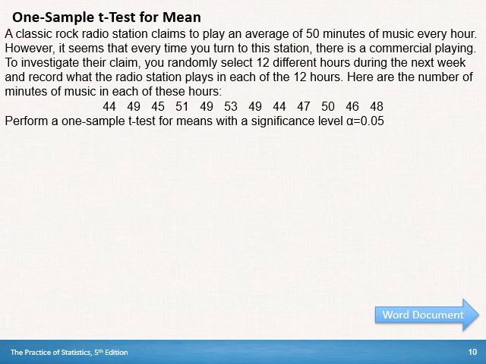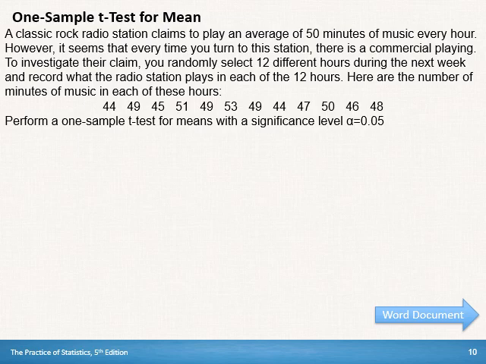All right, let's do another example. I believe you have this problem on a full sheet of paper in your PDF of your notes. A classic rock radio station claims to play an average of 50 minutes of music every hour. However, it seems that every time you turn to this station, there is a commercial playing.